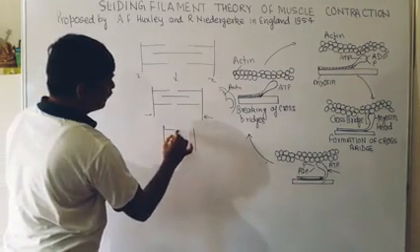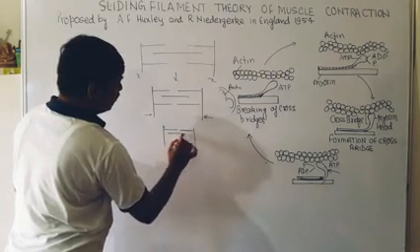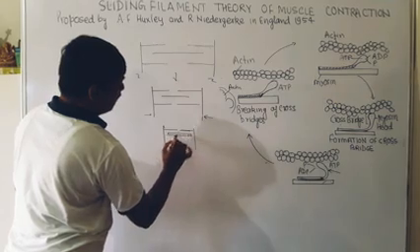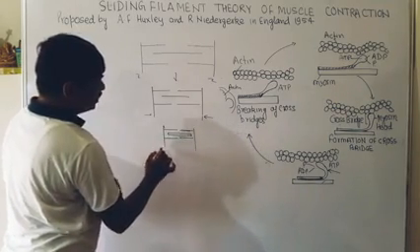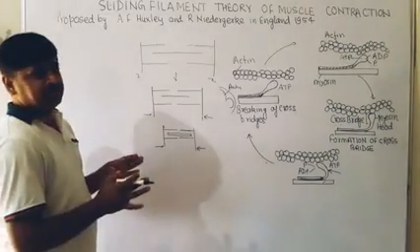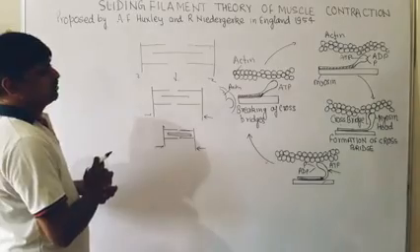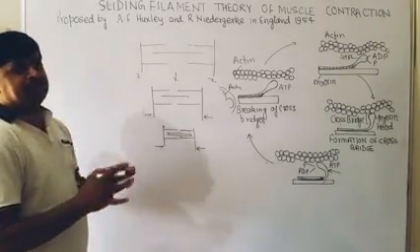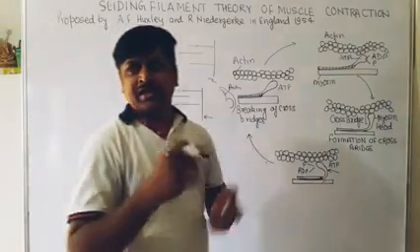It overlaps. Actin filament overlaps the myosin, and this results in shortening of the sarcomere. Clear, student? So this is repeated many times. So it was the simple mechanism of muscle contraction.